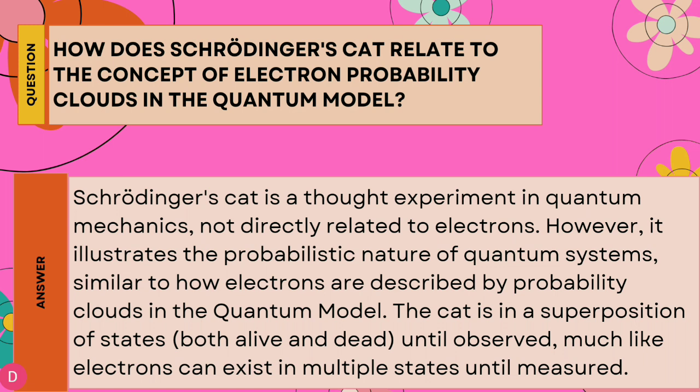However, it illustrates the probabilistic nature of quantum systems, similar to how electrons are described by probability clouds in the quantum model. The cat is in a superposition of states, both alive and dead, until observed. Much like electrons can exist in multiple states until measured.